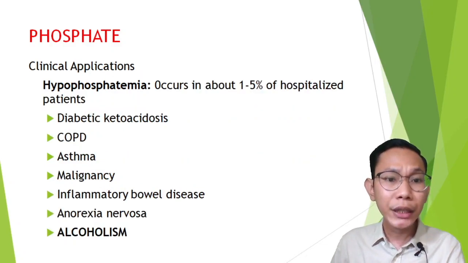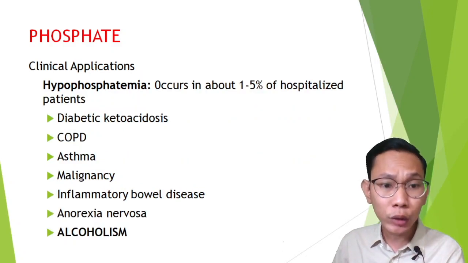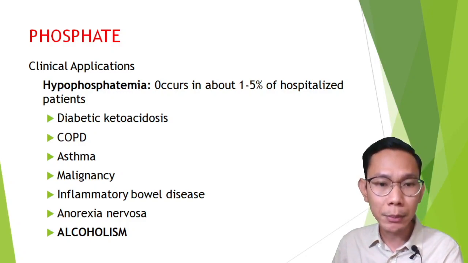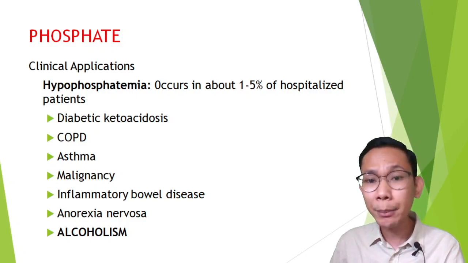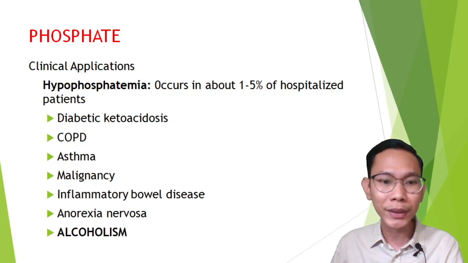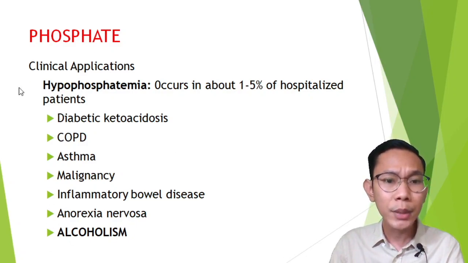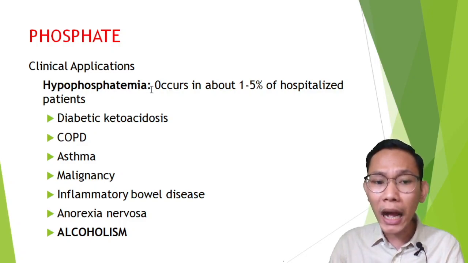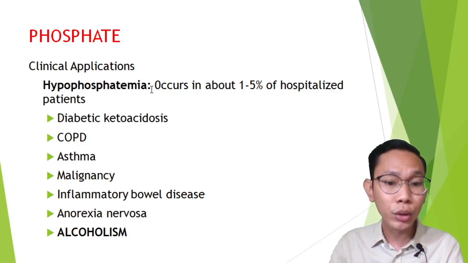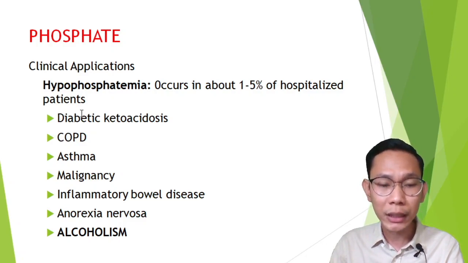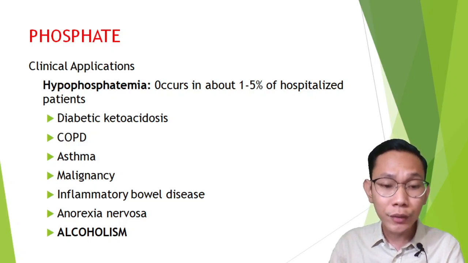So these are the different disorders that will lead into hypophosphatemia. Hypophosphatemia occurs in about 1 to 5% of hospitalized patients. So these are just merely different disorders, but I want you to remember bakit sa alcoholism nagkakaroon tayo ng hypophosphatemia. Alcohol abuse is the most common cause of severe hypophosphatemia. So Doc, bakit po tayo nagkakaroon ng severe hypophosphatemia because of your alcoholism?